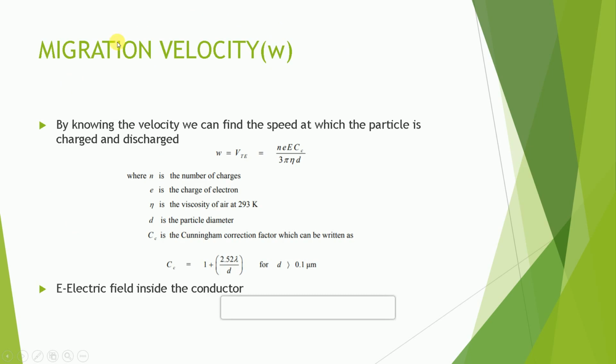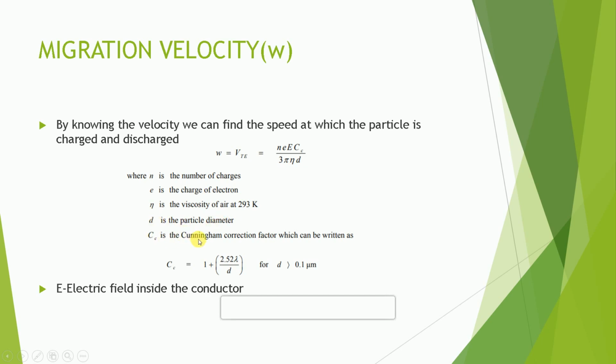As I told you, migration velocity also has its formula. W equals n e E Cc by 3 pi mu d, where n is the number of charges, small e is the charge of an electron, mu is the viscosity of air at 293 Kelvin, that is room temperature, and d is the particle diameter.